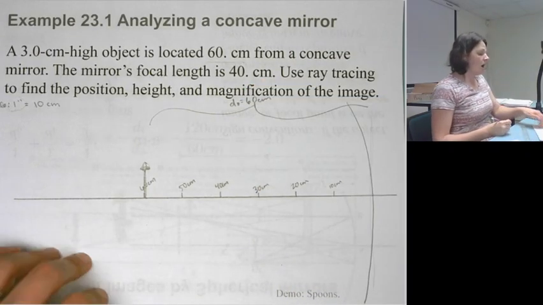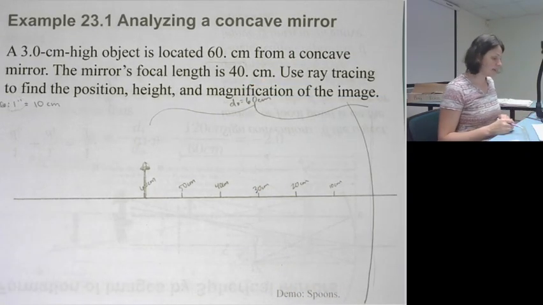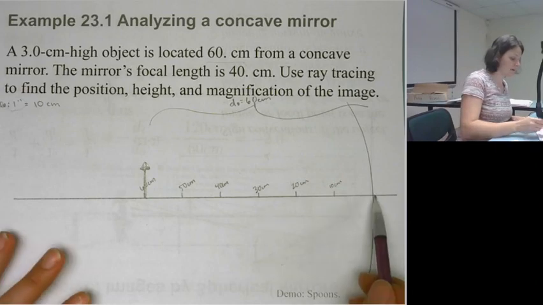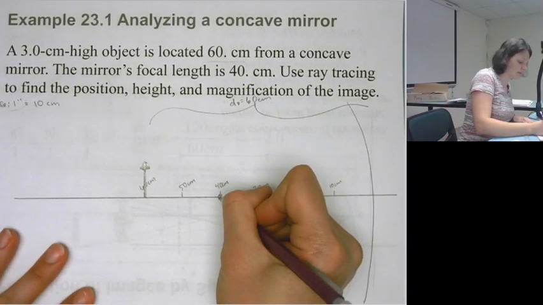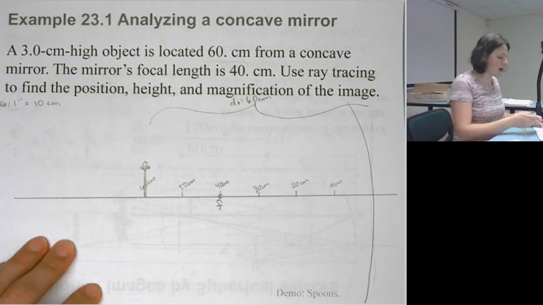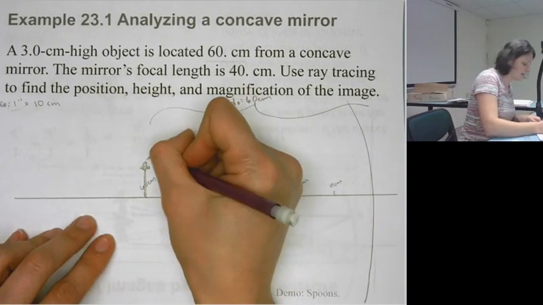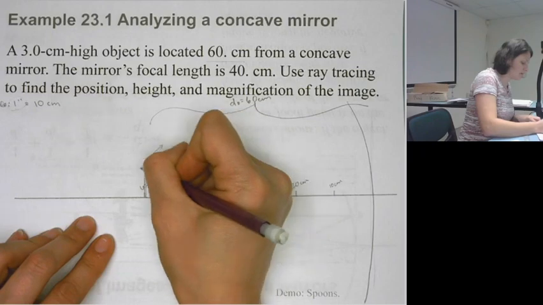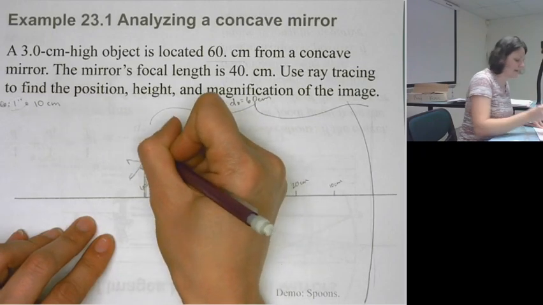The mirror's focal length is 40 centimeters away, so I've already drawn this. There's where the focal length is. So there's F. And now this object is emitting rays out in all directions, like that.